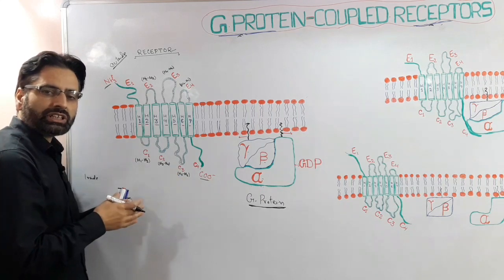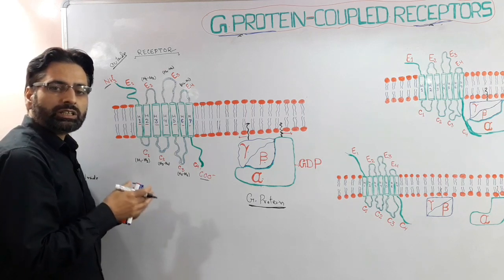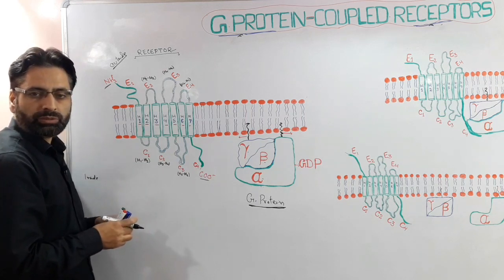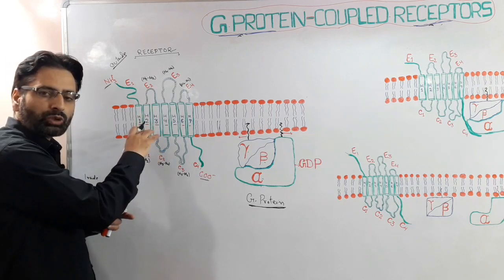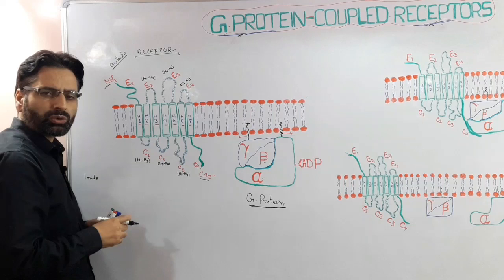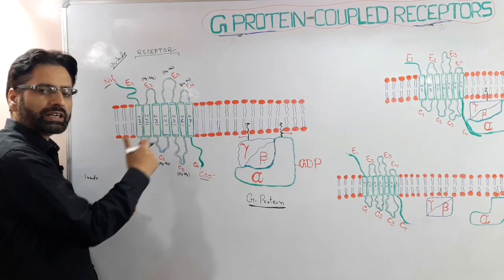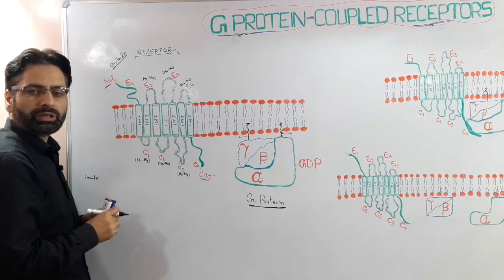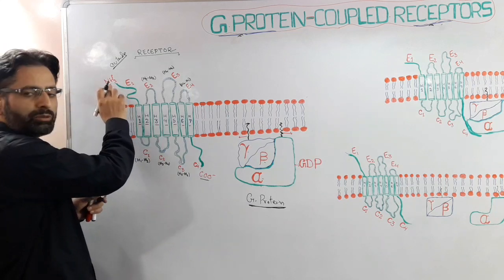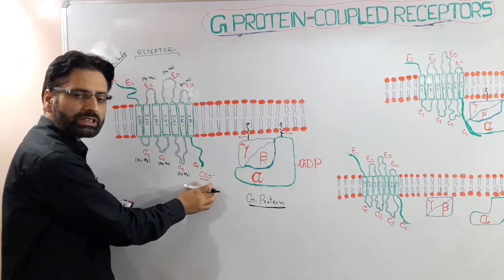This orientation is specified at the time of translation, which occurs at the membrane of the endoplasmic reticulum when the ribosome is translocated to the translocon present in the endoplasmic reticulum. So this orientation is fixed at the time of translation occurring at the endoplasmic reticulum membrane.